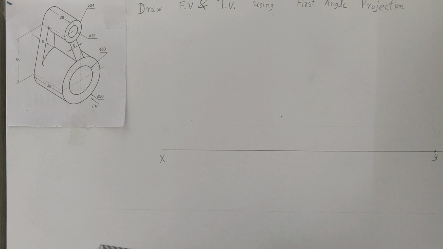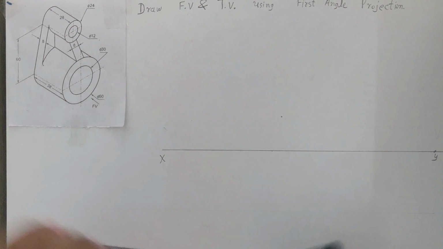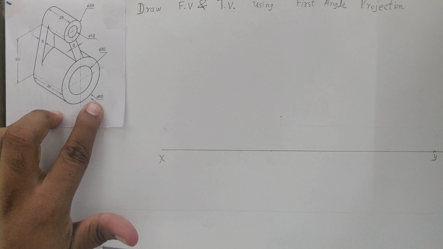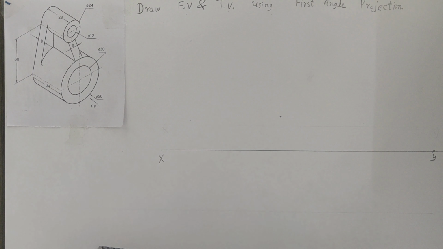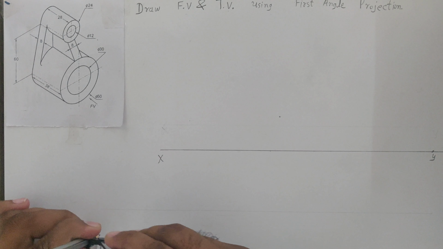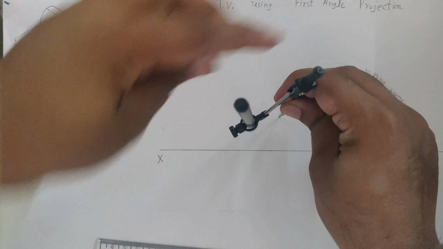So for the front view first we have to draw the circle. You can see the diameter is 50, so we have to take the radius of 25. I am drawing a circle of radius 25.